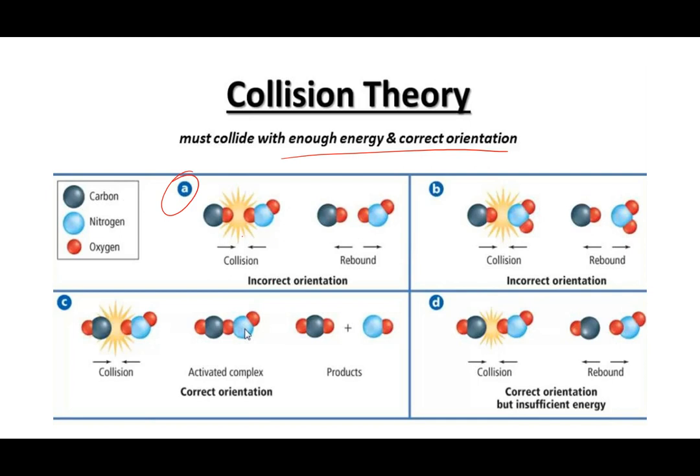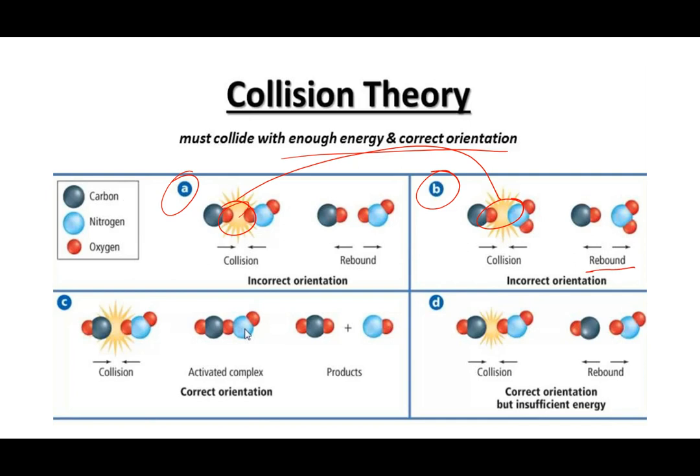So there is a collision, but they rebound because they're not in the correct orientation or they're not facing the right direction. In part B here, this is also the incorrect orientation, but notice how these two are different. In this first one we have two oxygens coming together, and in this one we have an oxygen and a nitrogen coming together, and it will result in a rebound.